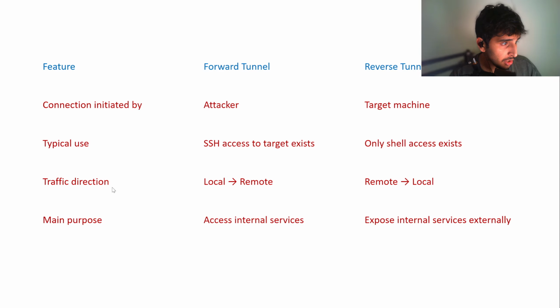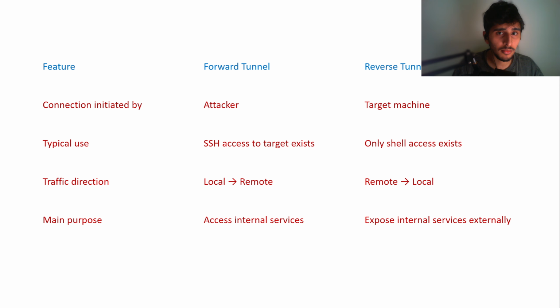The traffic direction in the forward tunnel is from our local to the remote host, and in the reverse tunnel it is from the remote to local. The main purpose of a forward tunnel is to access internal services, and the main purpose of a reverse tunnel is to expose internal services externally.